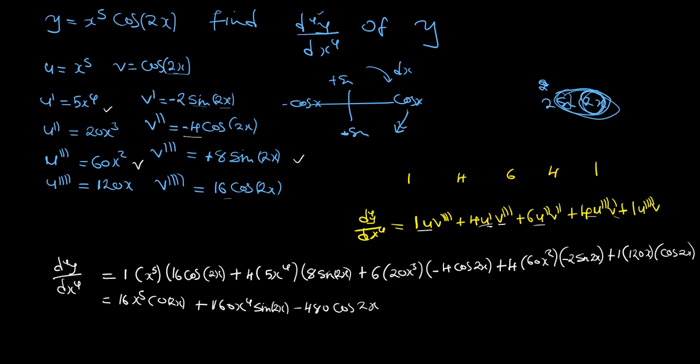Okay, the other thing that we can have: we are done here, so we are going here. We have 4 times 60 times negative 2. This should be the same case again, so there is also a negative there.